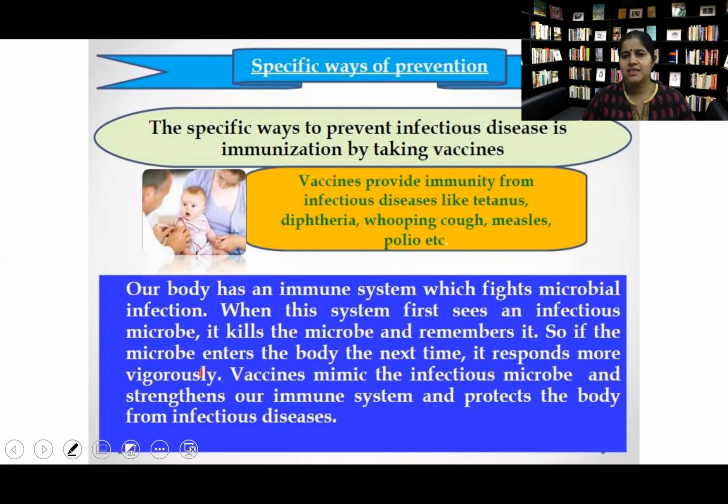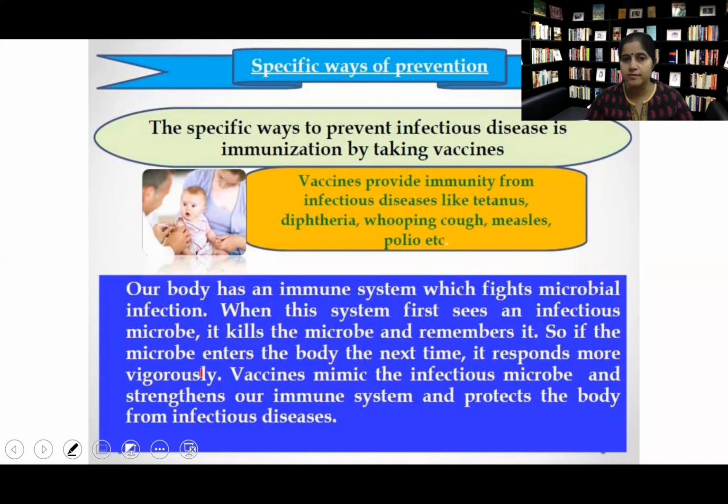These are infectious diseases which spread from one person to another. We can prevent the spread of these diseases by taking the proper vaccine, and this is known as immunization.